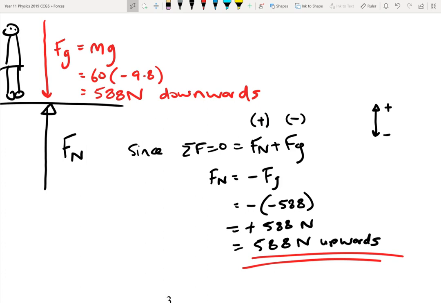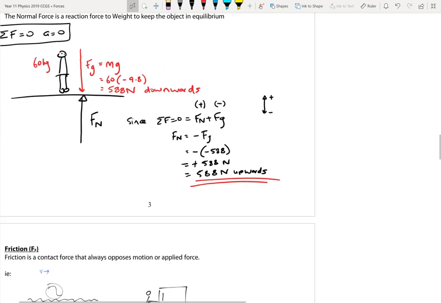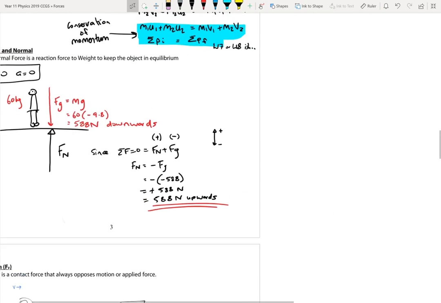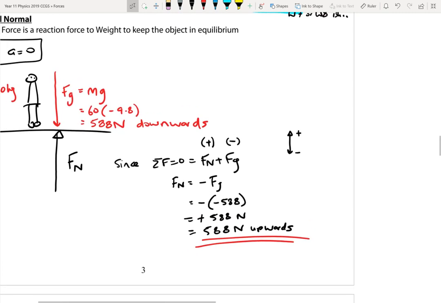Okay? Now, just a few things. I want you to write a couple of things because it's pretty easy, but I don't want you to lose any marks. We've got W is weight, W equals weight, but I'm going to write it as F lowercase g, the force due to gravity, and that's obviously measured in newtons.